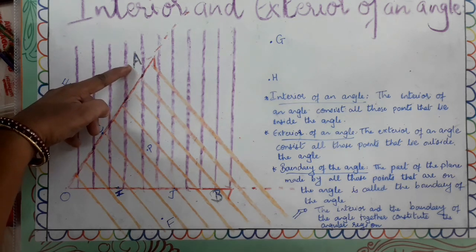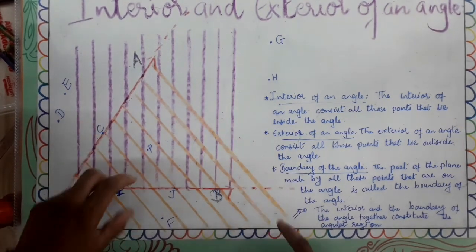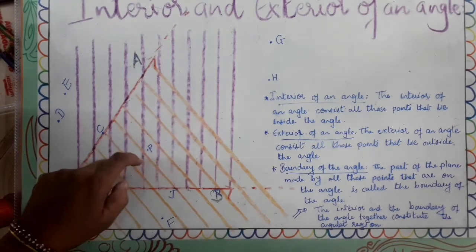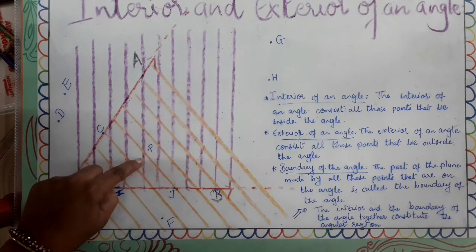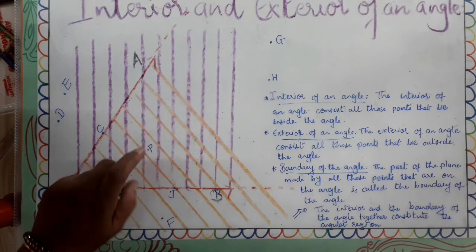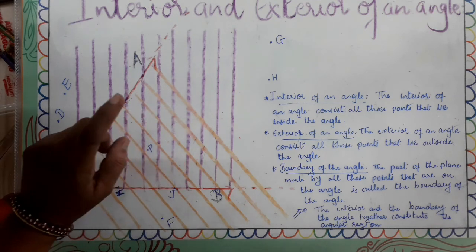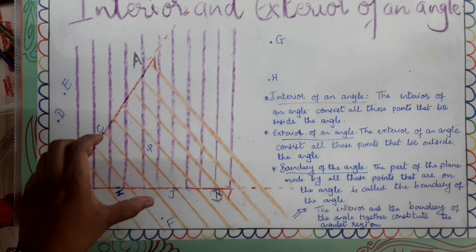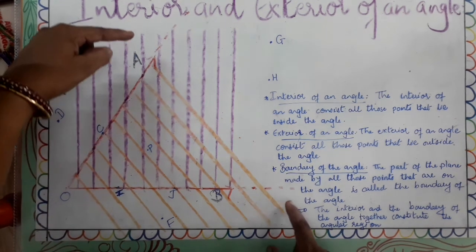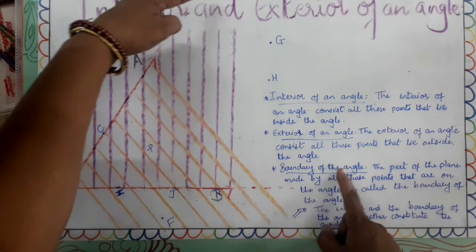Okay, now the portion common to both shadings, you can see in the figure, this is called the interior of the angle. Now remember that interior is not a restricted area, it extends indefinitely since the two sides extend indefinitely.